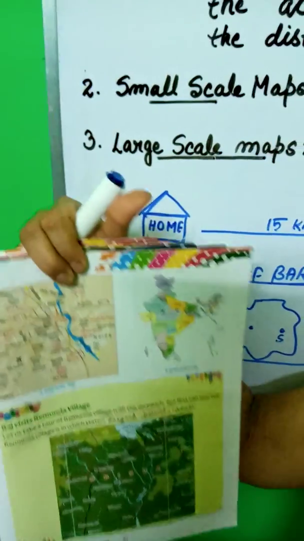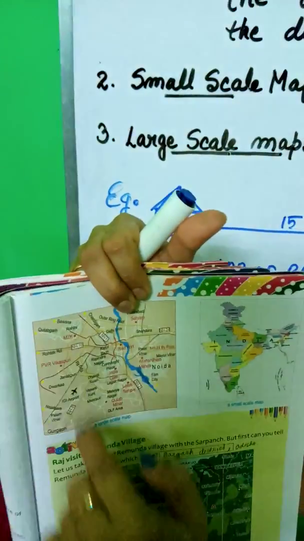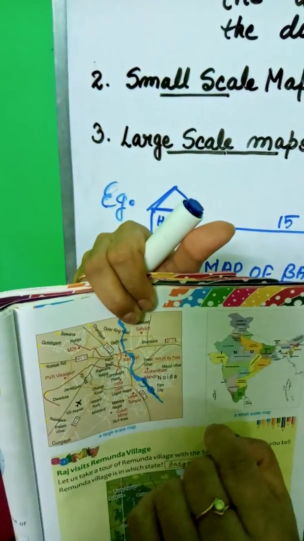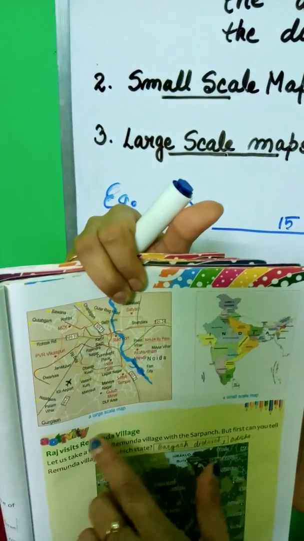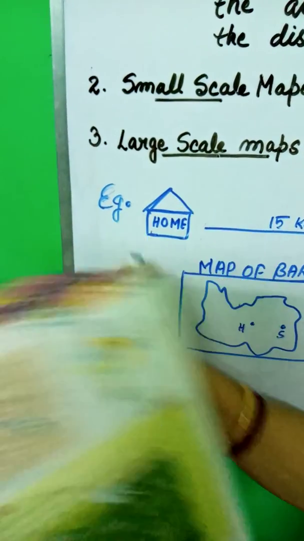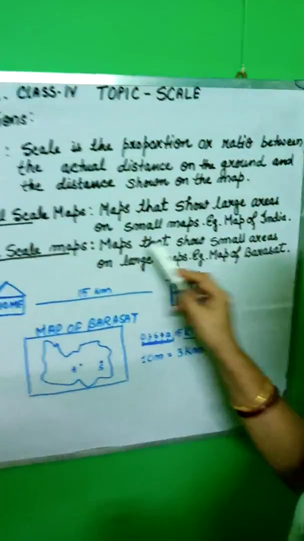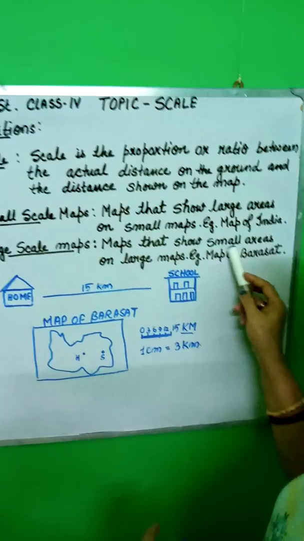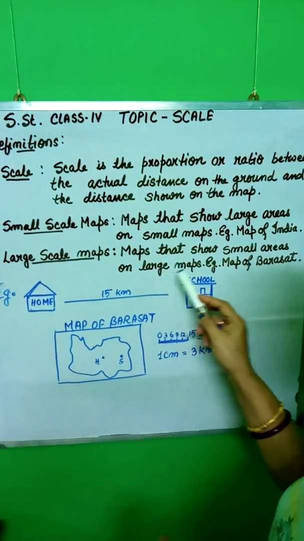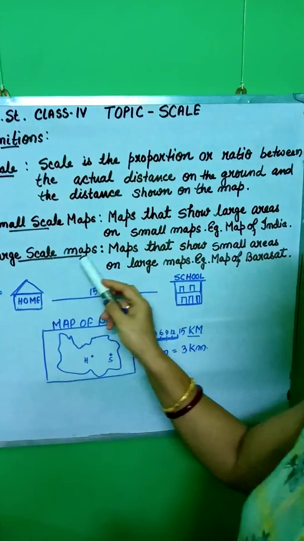When you are showing a small area in a large size, that is a large scale map. Read it again. Maps that show small areas on a large map are called large scale maps.